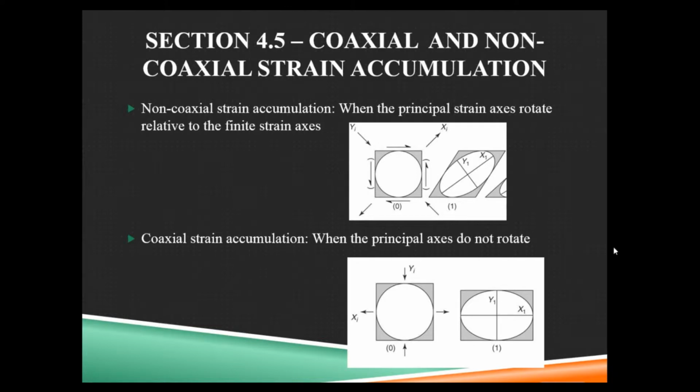Coaxial strain is when the principal axes do not rotate, they stay in the same orientation as they originally did, and so all of the strain that is accumulated is in the same orientation, or at least perpendicular. So you could be in two orientations, but they're perpendicular to each other, so it doesn't change. There's no rotation of the strain axes.